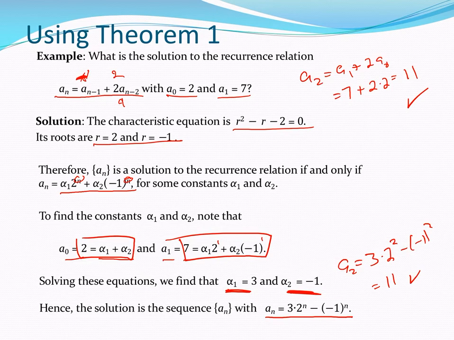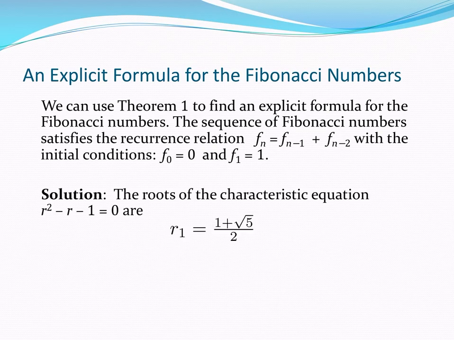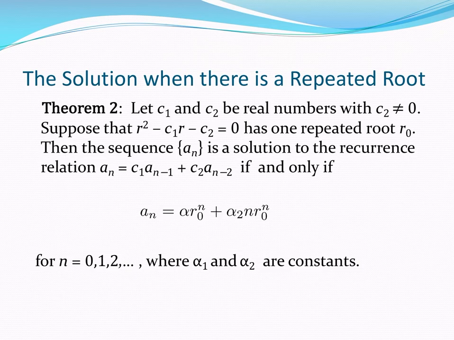All right, let's look at theorem 2. It has to do with when the characteristic roots are equal. We have a multiplicity of them. And I'm going to skip through this real quick. You can look at these slides on your own. Here we go. Theorem 2, solution when there's a repeated root.